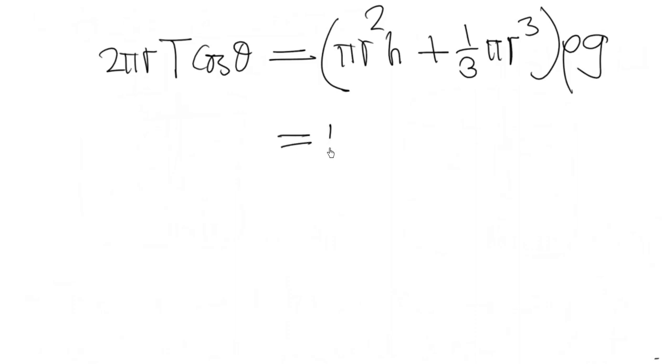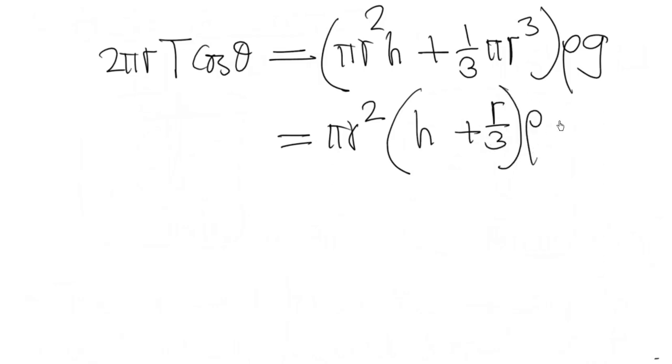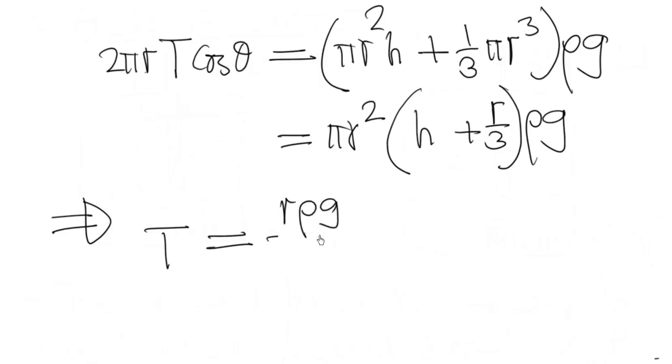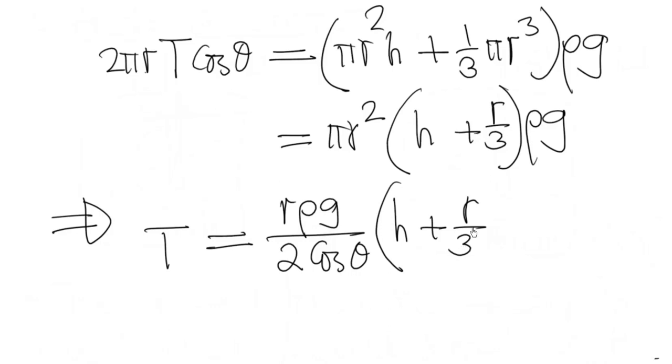If you take πr² common, we have h plus r/3 times ρg. So the expression for the surface tension T becomes, since one r from the left-hand side and one from the right-hand side cancel out, T equals rρg divided by 2 cos θ, into (h plus r/3).